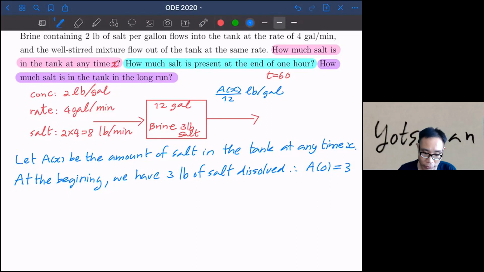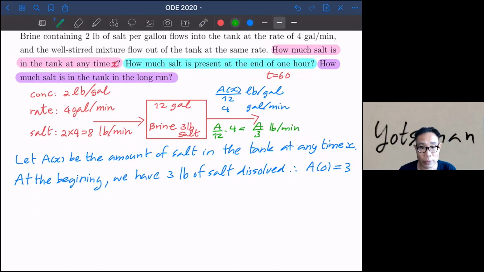Okay, so this guy gonna flow out with this concentration because this will give you the amount of salt first, and it's gonna divide by the amount of water that you have, which turned out to be the capacity of the tank, which is 12 gallons. Okay, and we do flow out at the same rate, so it's gonna be 4 gallons per minute. So the amount of salt that gonna flow out of the tank is gonna be just A over 12 times 4 equal to A over 3 pounds per minute.